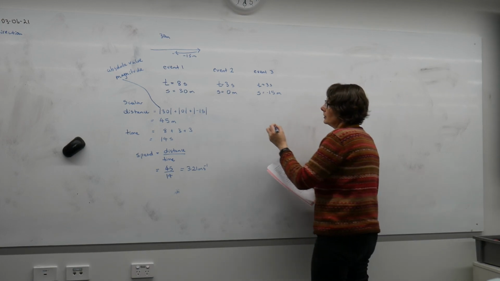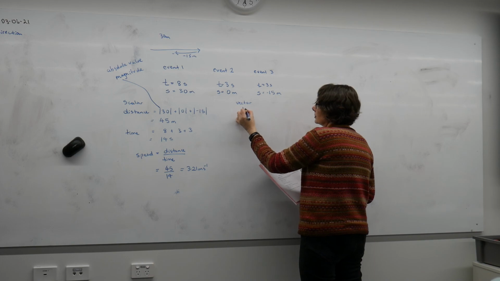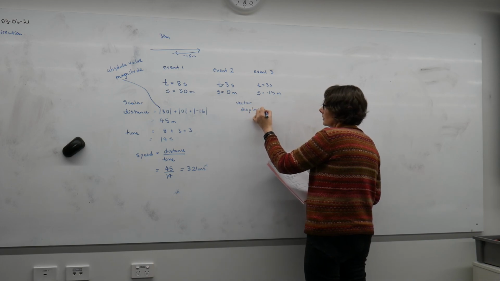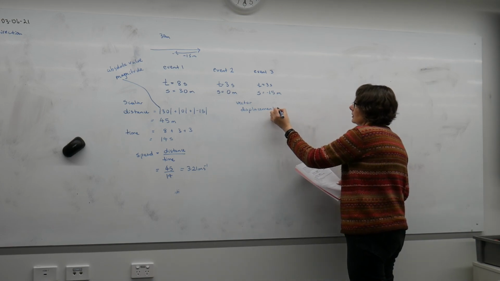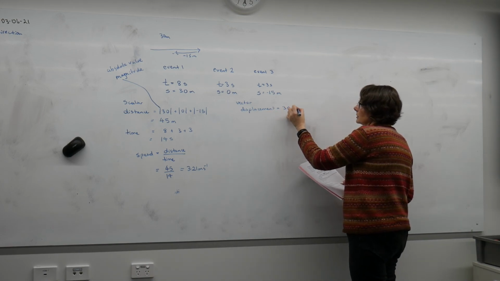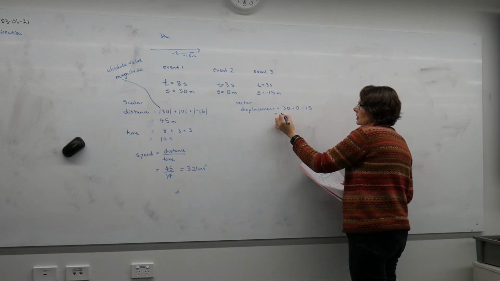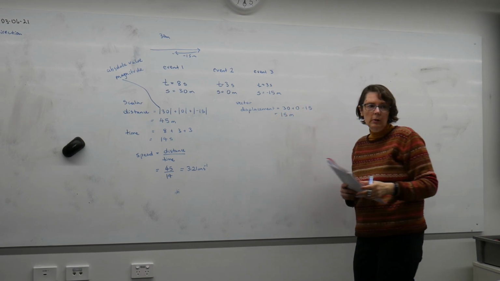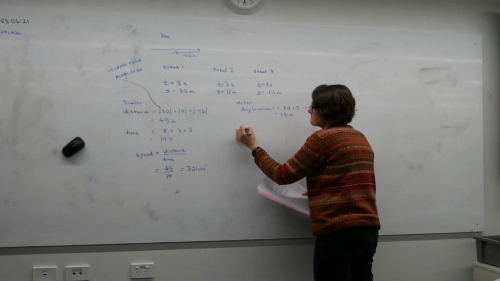Now for our velocity, which is a vector, this time we have displacement. And we are interested in direction. So that is going to equal 30 plus 0 minus 15, which gives me a displacement of 15 metres. Time is still the same.